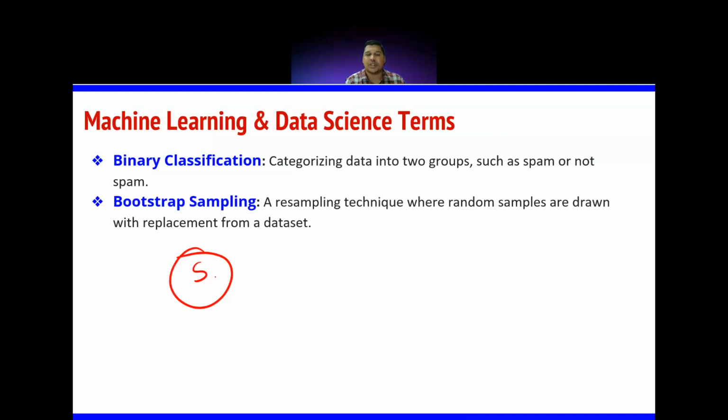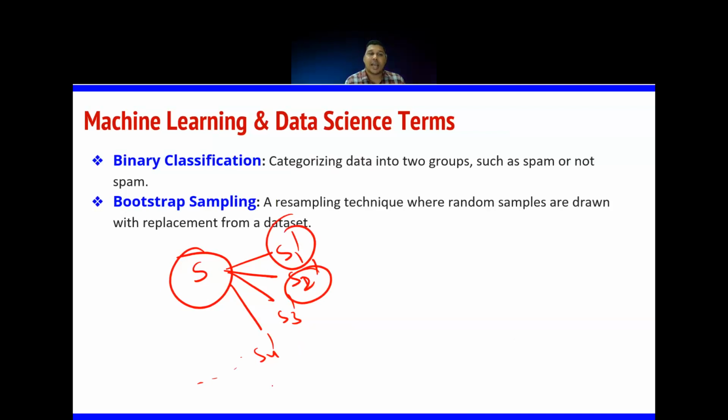From this sample, you try to derive small samples, S1 dash, S2 dash, S3 dash, S4 dash, and so on. You draw small samples from the given sample. These samples are called bootstrap samples.